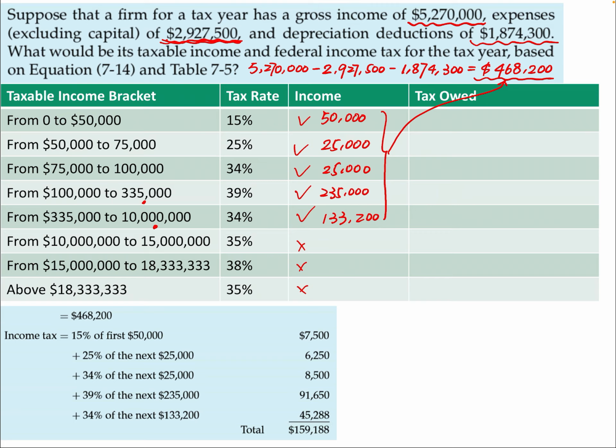Okay, so the sum of them will be the total gross income. That's what I mean to slice the total income into pieces, and you always want to slice them into 50,000, 25,000, the third 25,000, and the fourth 235,000, and so on. And you fill this up, and then you're going to use this tax rate to multiply the income to have your tax owed.